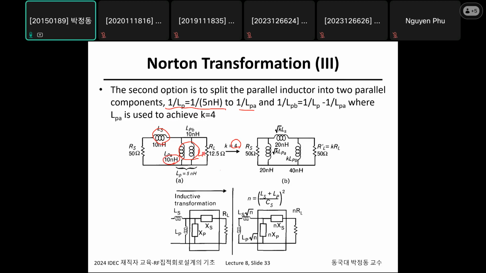Then 10 plus 10 over 10 scales to 4, so same. We just keep this part as it is, swap this as a square root of k, and multiply this by n, like this. So the inductive transformation is done.